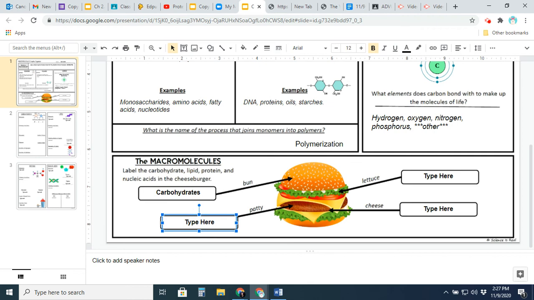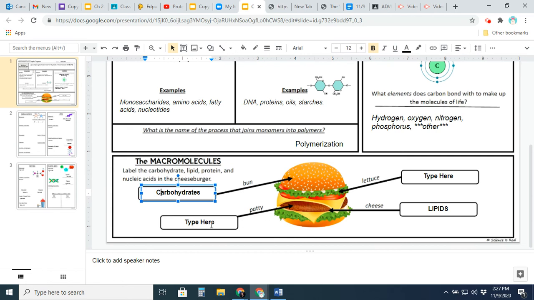The second macromolecule that I want to talk about is the cheese. And cheese is made up of lipids. Okay, so we have carbohydrate, that is our first macromolecule. We have lipids, that is our second macromolecule. And lipids are fats and oils primarily.